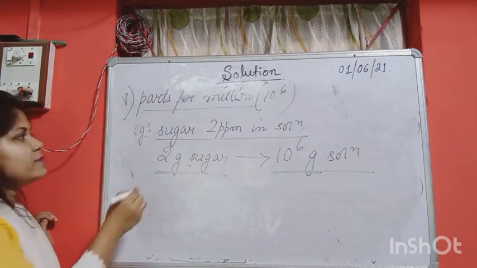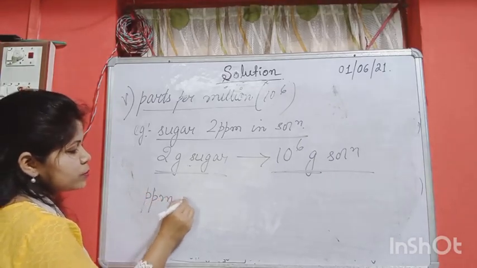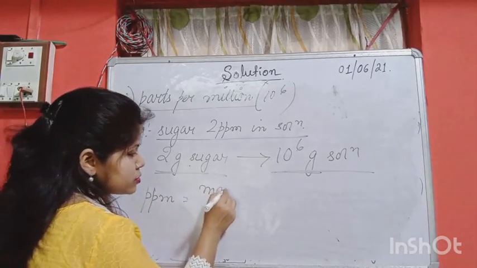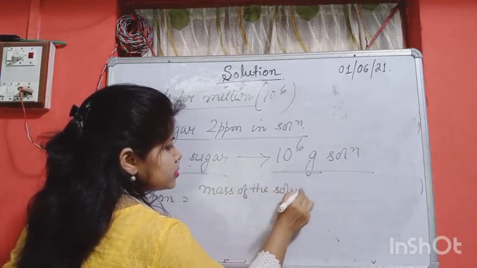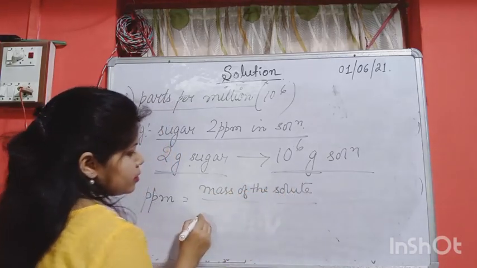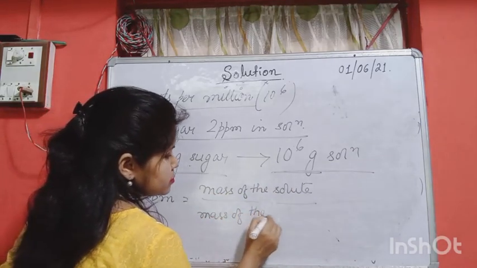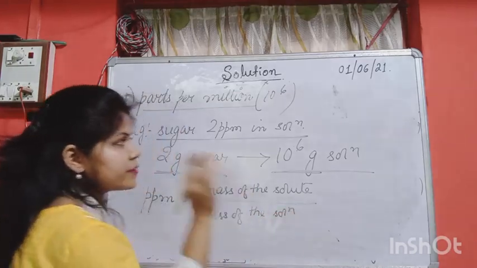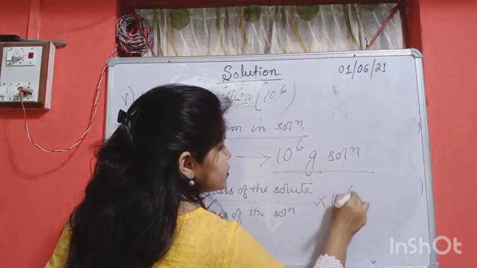So you can tell the formula for parts per million is equal to the mass of the solute divided by the mass of the solution. And in terms of 10 to the power 6, that is million, so it will be multiplied by 10 to the power 6.